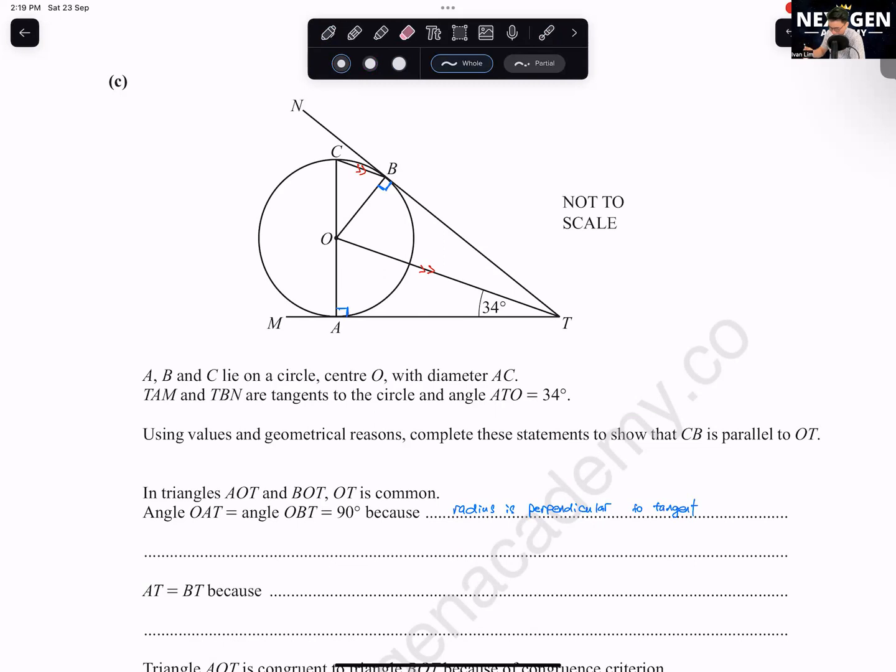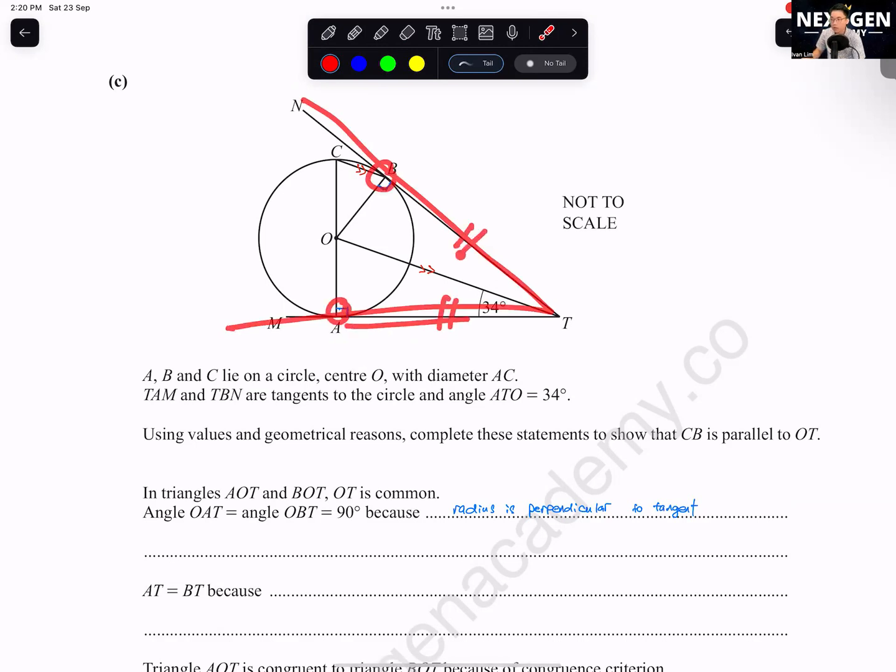Okay, next one. AT is equals to BT. How do I know? Because another property for tangent, if you have two tangents that meet each other, they will intersect the circle with the same length.